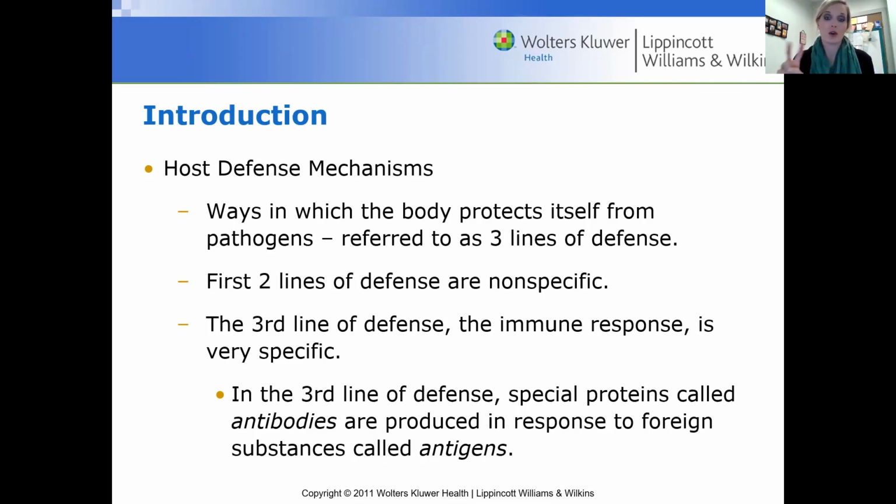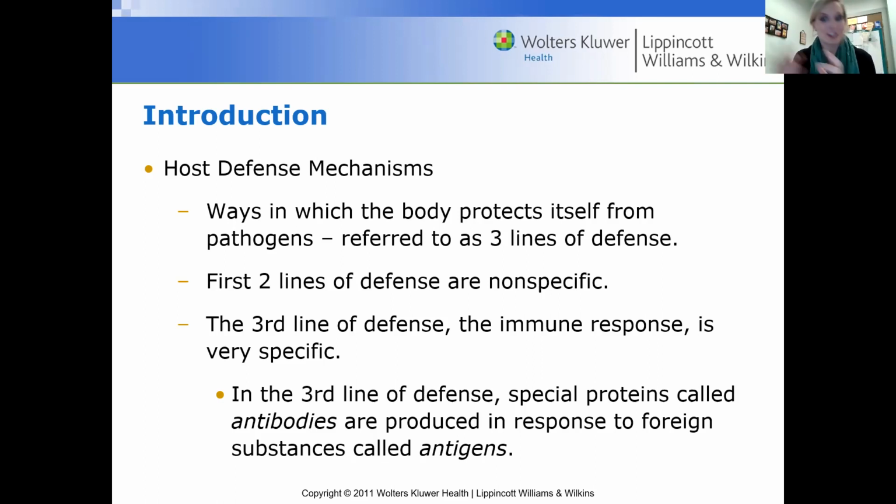The first 2 are called non-specific, which means it's not specific to any one particular type of pathogen. It's not only targeting the flu or only targeting chickenpox or only targeting polio. That's where our immune system is going to come in later, or vaccines and things of that nature.